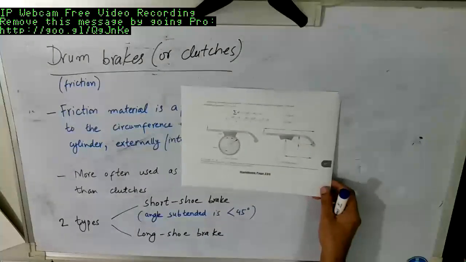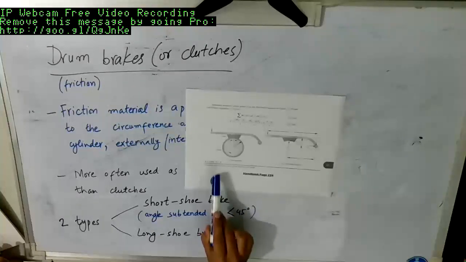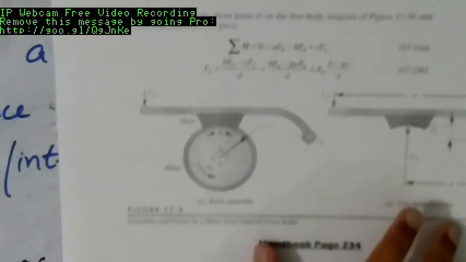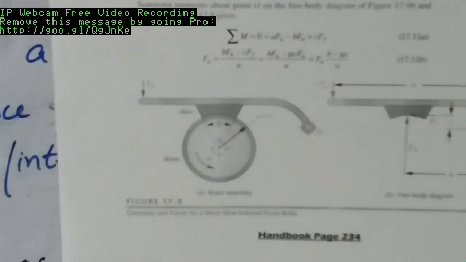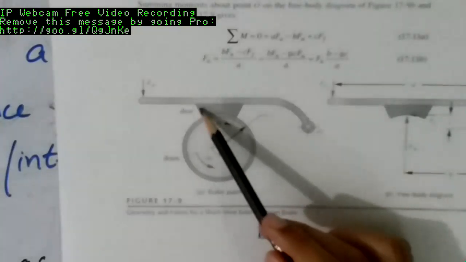In order to understand this, you should go to figure 17-9 of the book. So let me zoom in there. So here, as you can see, we have a wheel. And here in gray color, you see a shoe.